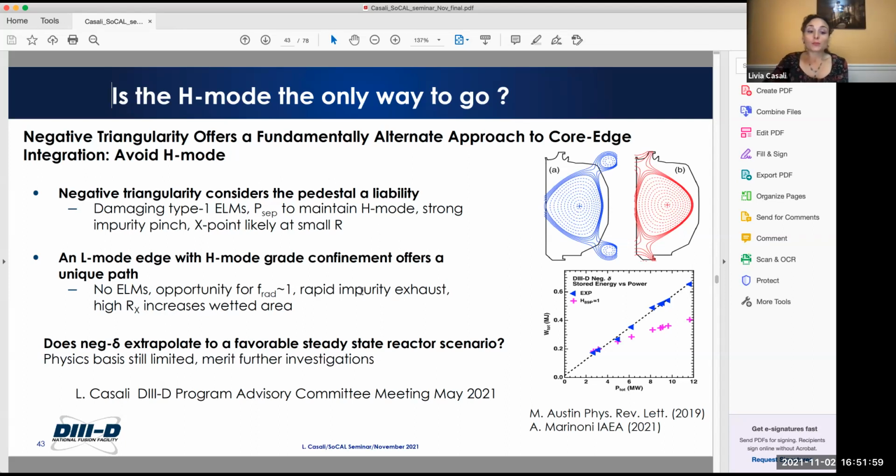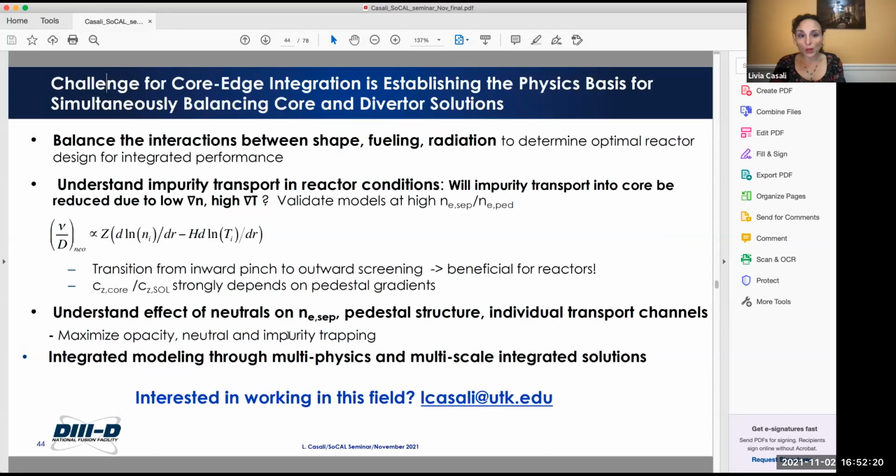However, we do not know if a negative triangularity scenario can extrapolate to favorable steady state reactors. The physics basis is still limited, but it will merit further investigation, and this is something that we are going to investigate in the next campaign at DIII-D as well.